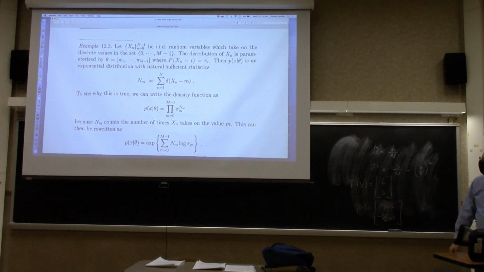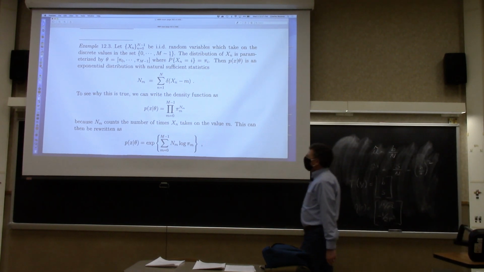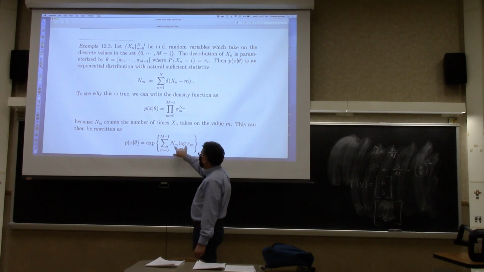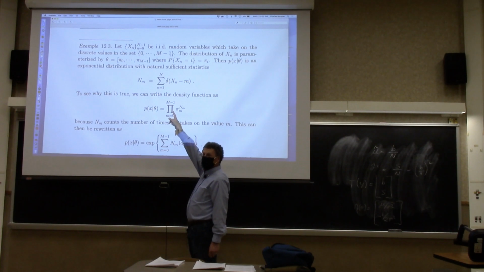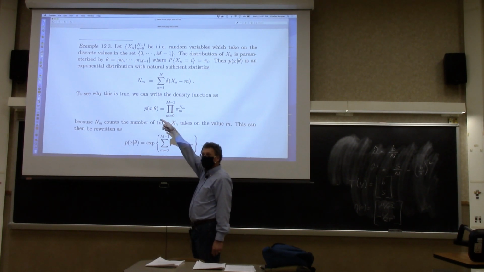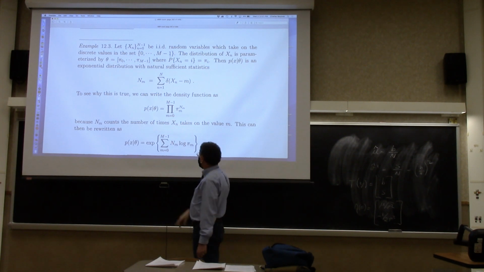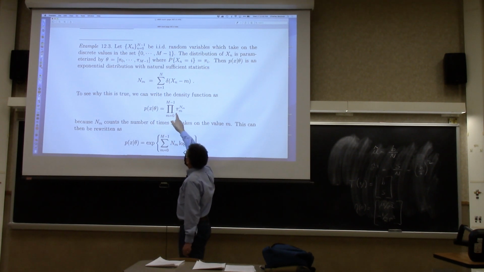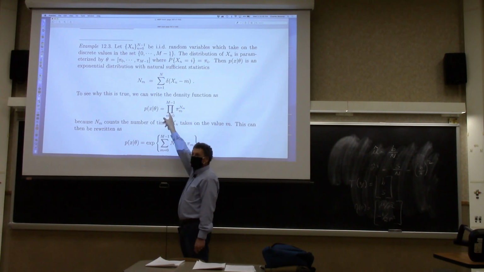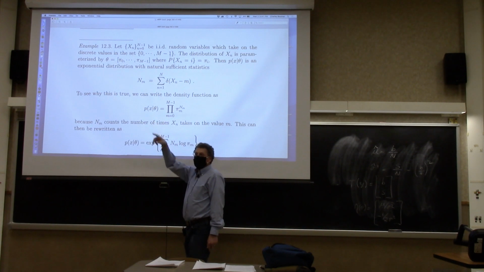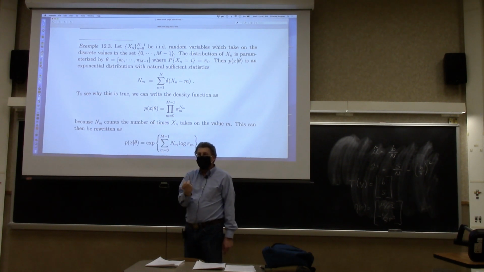I can write the probability of the sequence in this form, where the n's are the number of samples that fall into class m. And the reason is I can write it as the product over each pi. Basically, for each probability, it's like you're counting events, right?